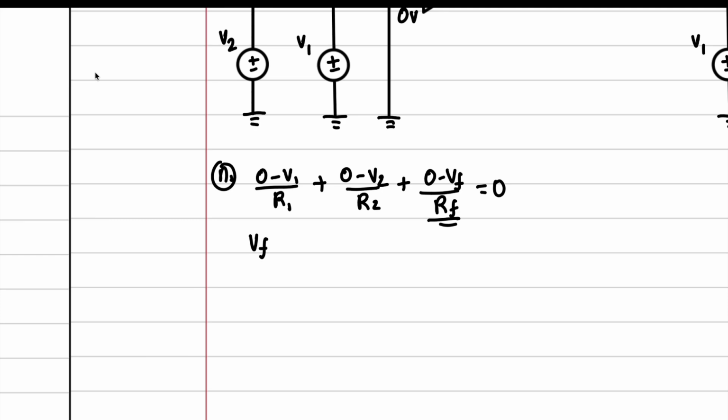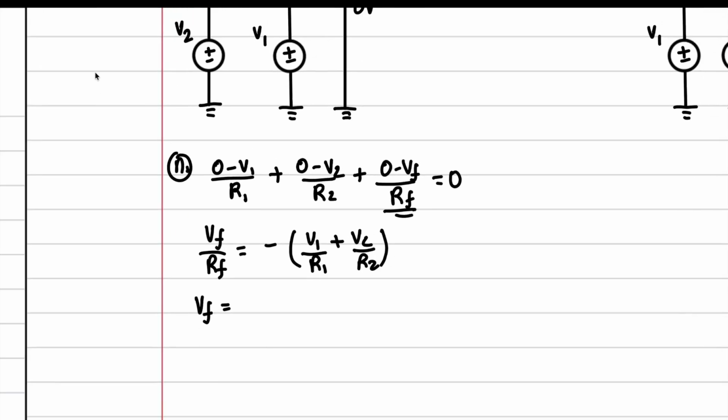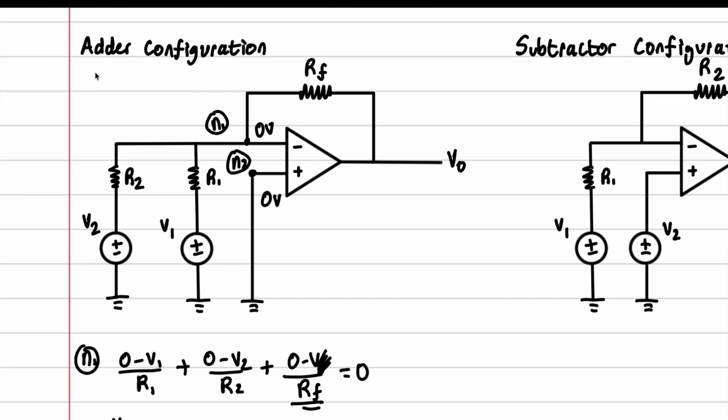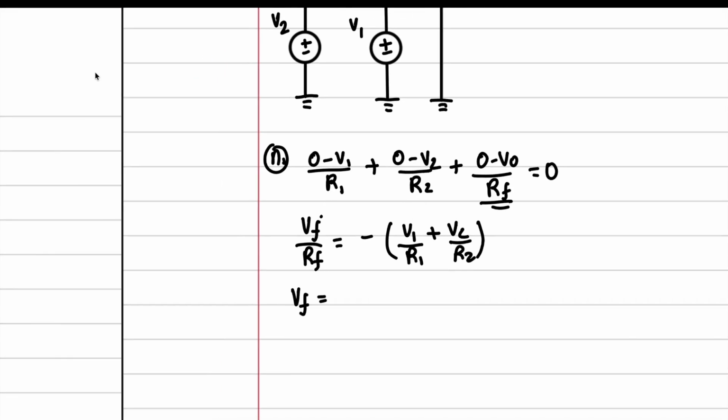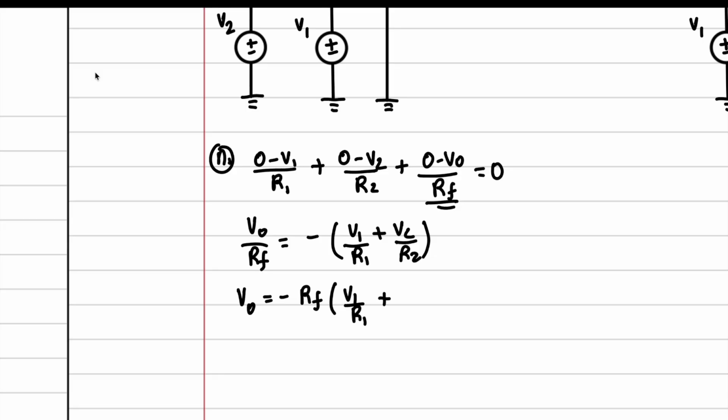So VF over RF is equal to negative, and I'm going to take out this negative right here, V1 over R1 plus V2 over R2, and we will get VF, or rather V naught, or V out rather, V out is equal to negative RF times V1 over R1 plus V2 over R2.